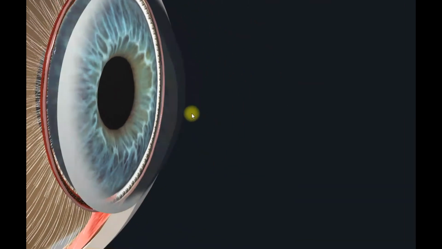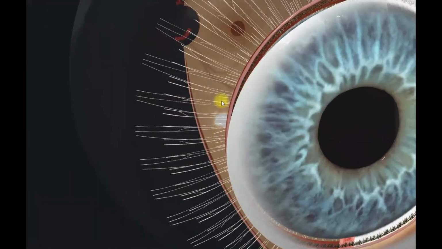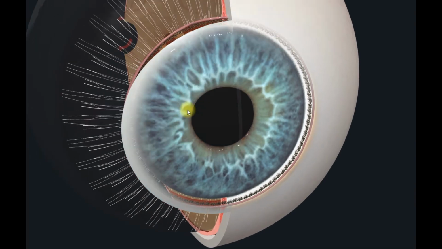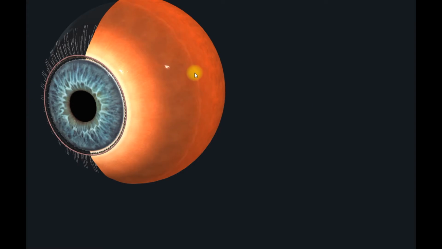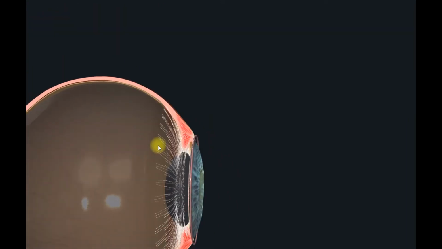Therefore, changes in the shape of the cornea or smoothness of its surface have significant implications for vision, such as changes in it can cause astigmatism or corneal cataract. Next layer of the eye is the vascular layer, which consists of the choroid, the iris, and inside by the ciliary body.